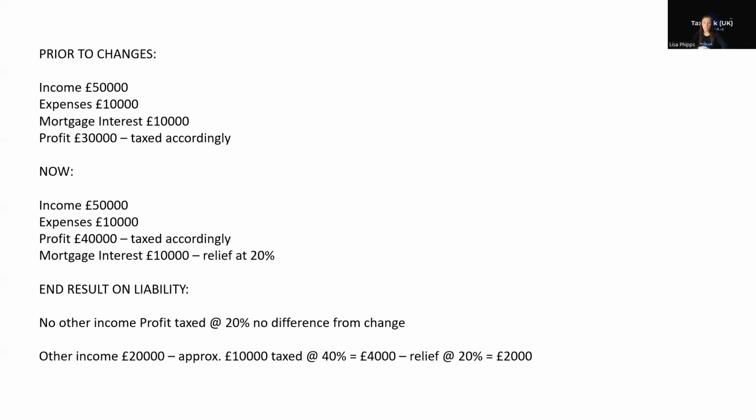So you're going to pay £4,000 on that £10,000 of profit. And then once we factor in the mortgage interest, you'll get the relief on the £10,000, but that will only be at 20%. So you'll pay tax on the profit of £4,000, but you will only claim £2,000. But as you can see, you still do get some relief. It's just restricted, so it's not correct to say that you don't get any tax relief.